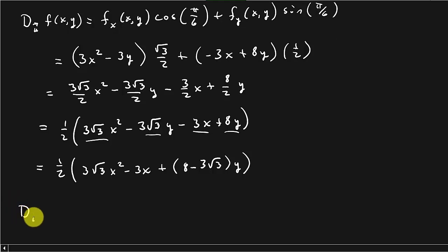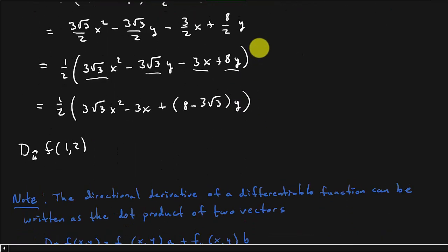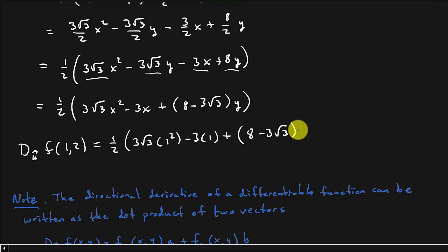All right. So we've got the directional derivative f of 1, 2. Make sure that, 1, 2. All right, so we plug the 1 in for x, plug the 2 in for y, and so that's going to give us 1/2 times 3 square root of 3 times 1 squared minus 3 times 1 plus 8 minus 3 square root of 3 times 2.